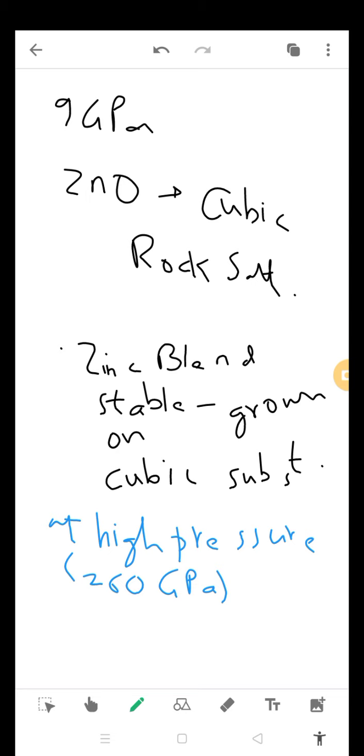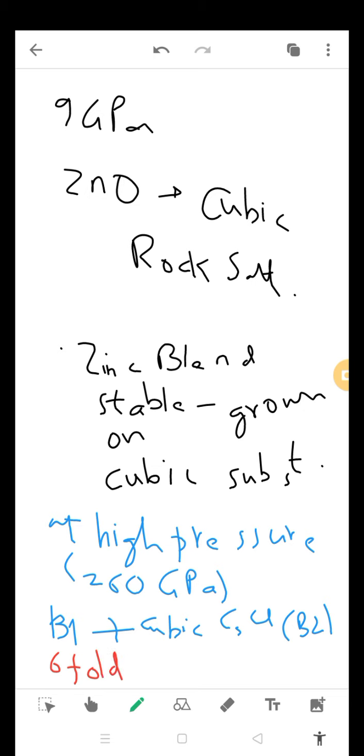So it changes from the rock salt structure, which is called B1 structure, to another structure called cubic cesium chloride structure, CsCl, and this is called B2. So B1, B2, B3 and B4, and the main difference between these two is that six-fold coordination exists in the B1 structure, whereas the cubic cesium chloride structure has an 8-fold coordination.